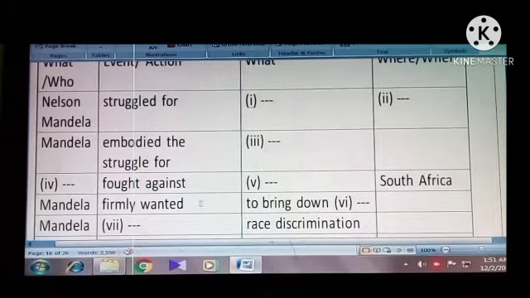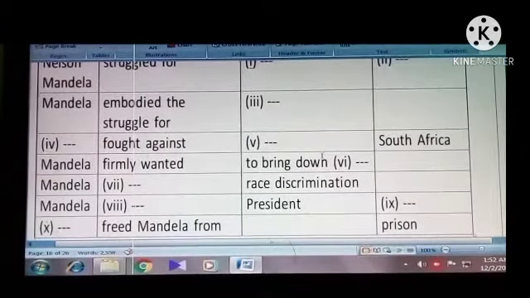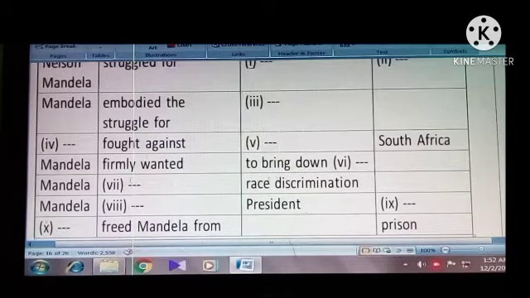Fought against dash number 5 what. And we know that he fought against white minority rule. Mandela firmly wanted to bring down dash. To bring down what? Mandela firmly wanted to bring down apartheid.